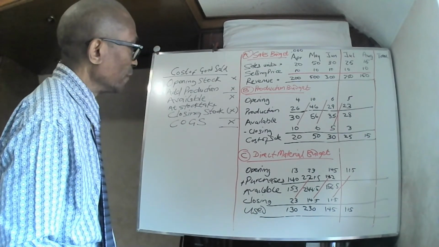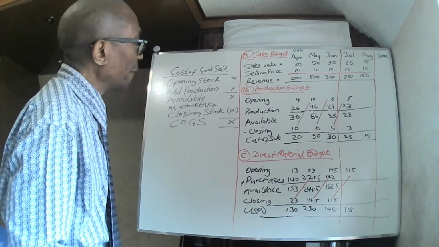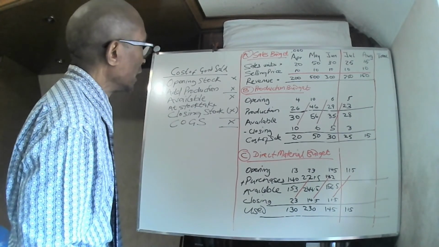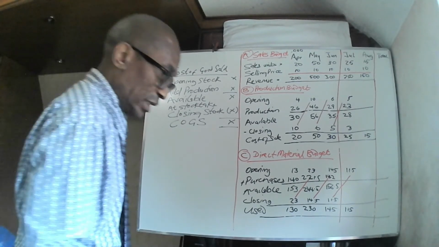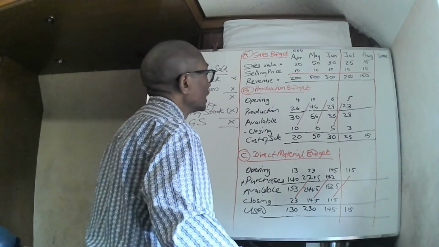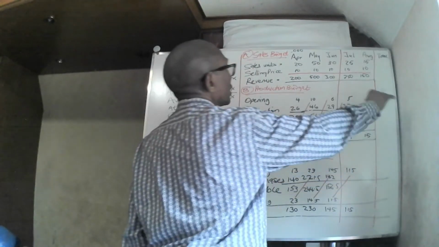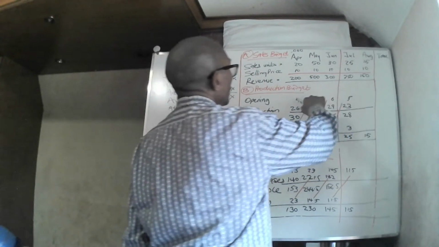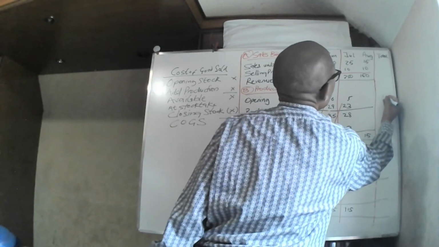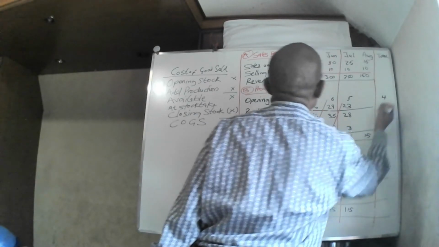So it appears we have closed all the gaps on the production and direct material budgets. The thing we can do, because it's for the quarter, is we can actually cross-cast them. We know this opening will be the opening for the whole quarter, so you put 4 here. Opening is 4.